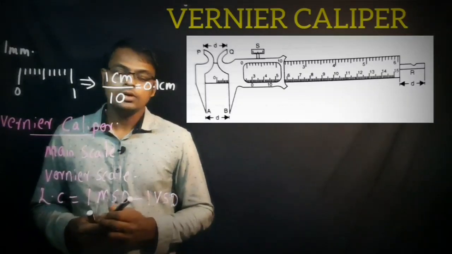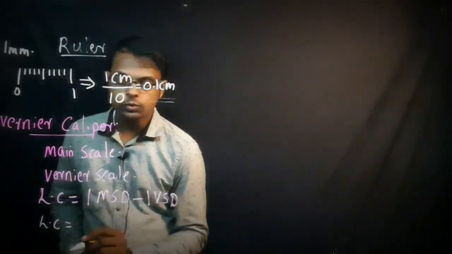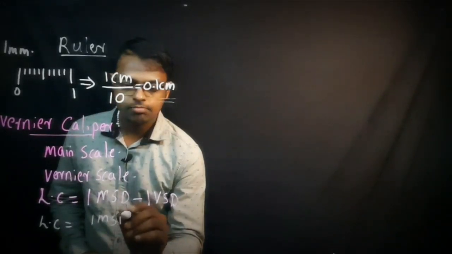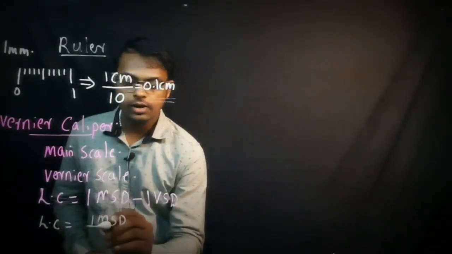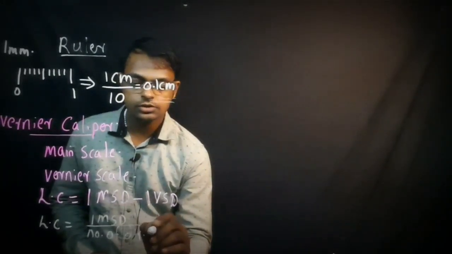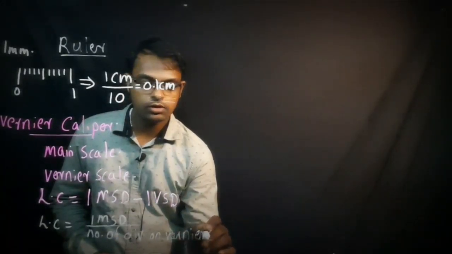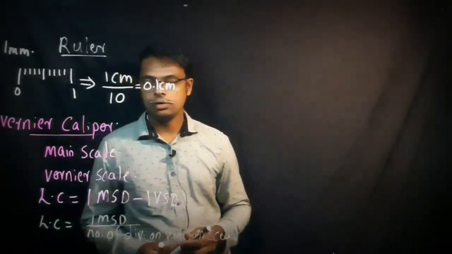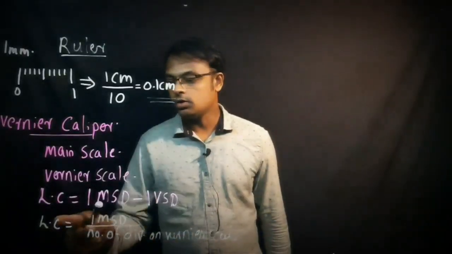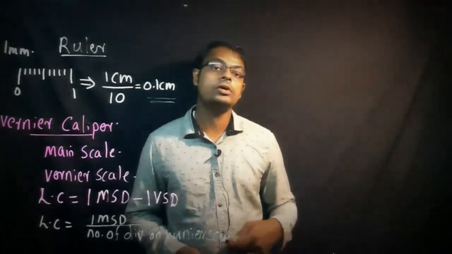One more formula: least count is equal to 1 MSD, that is main scale division, divided by the number of divisions on the vernier scale. Let me read it once again. Least count is equal to 1 main scale division minus 1 vernier scale division, or 1 MSD divided by the number of divisions on the vernier scale.